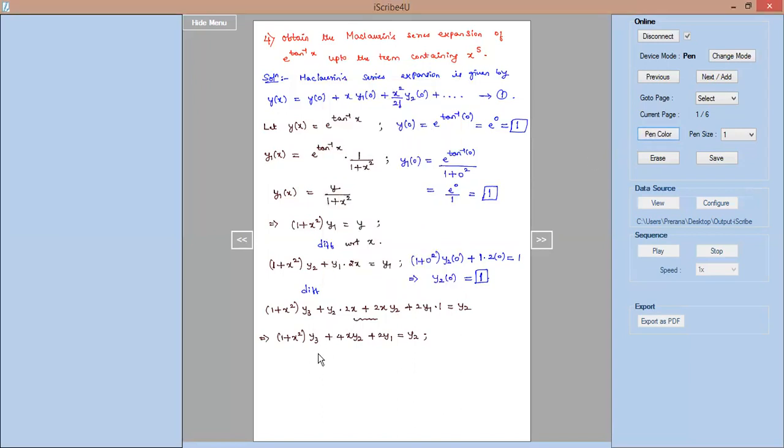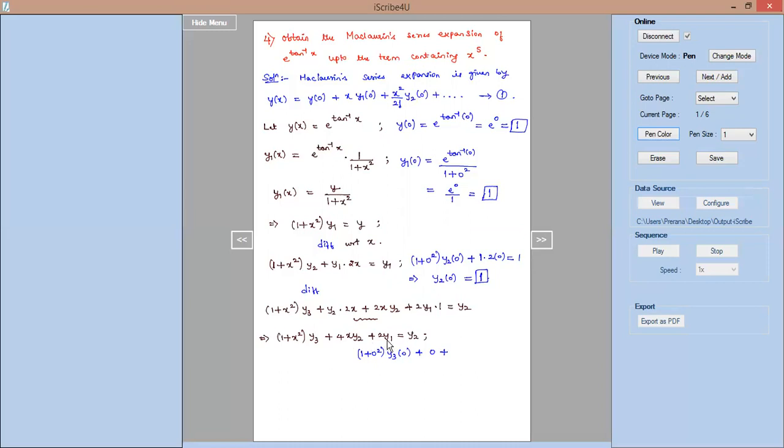Now at the point 0, we will find out. So we have 1 plus 0 square into y3 of 0 plus 0, which I will write down directly because 4 into 0 into anything is 0, as x is substituted as 0 for Maclaurin's.